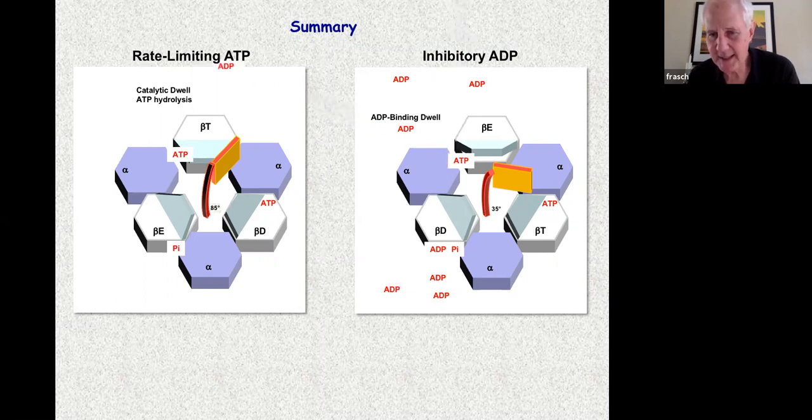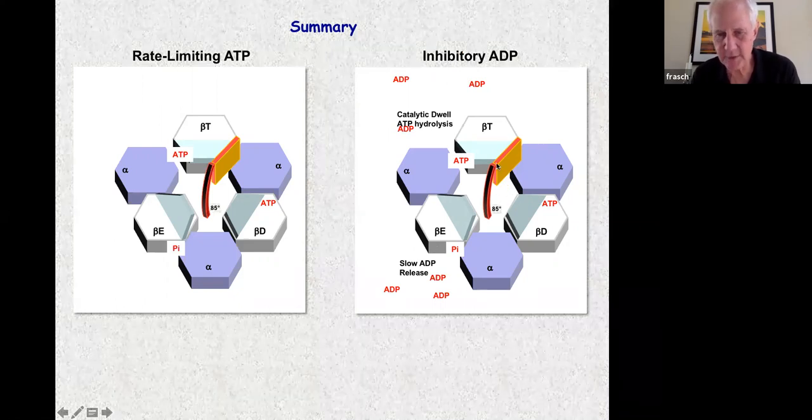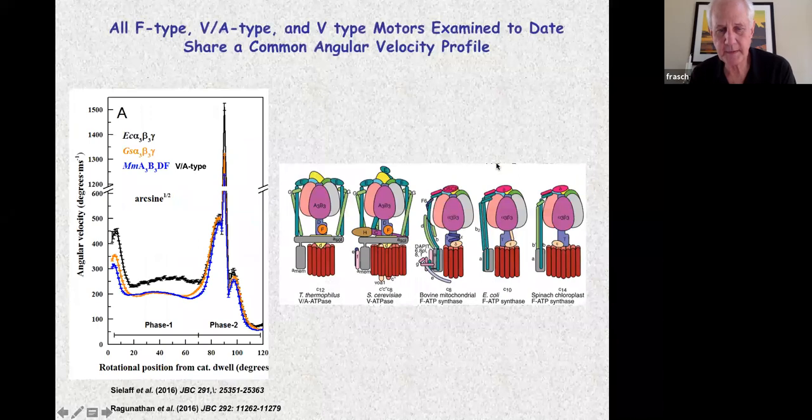Finally, the ATP can dislodge it, and now it starts to rotate again. But this last bit of rotation is slowed down by the slow release, and all these ADPs slow down this release and slow down the rotation through this period.